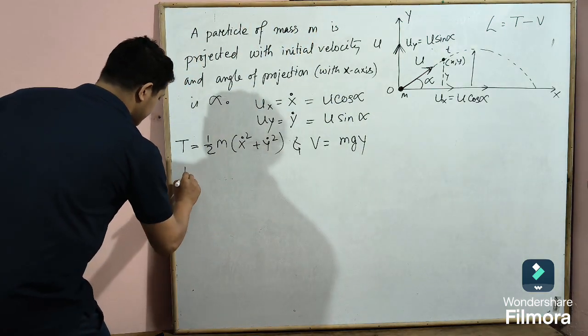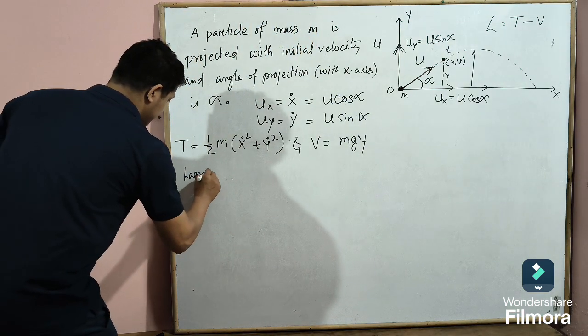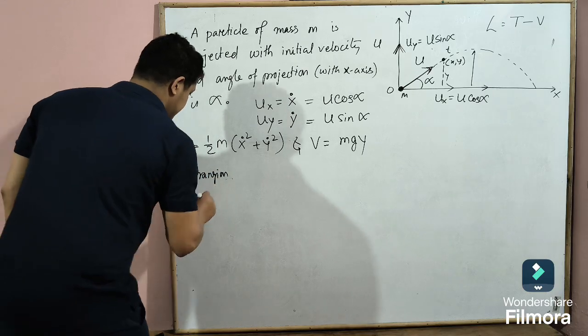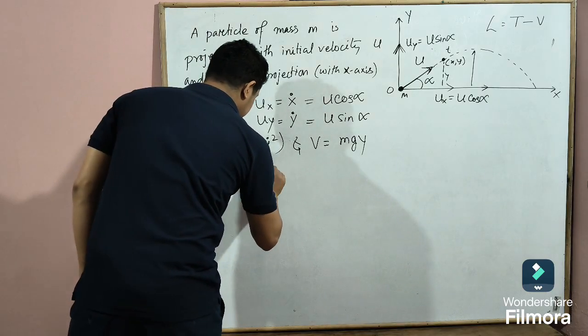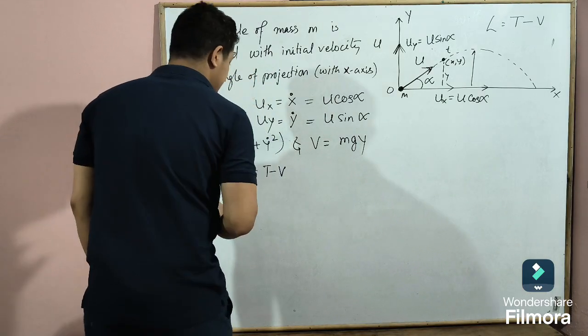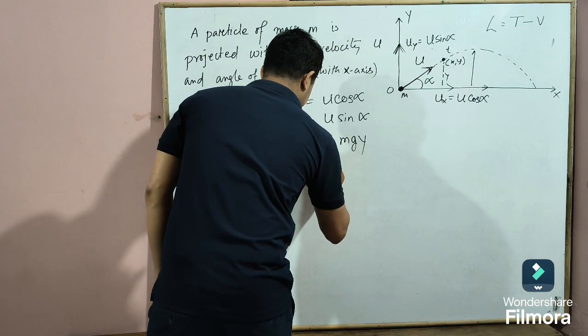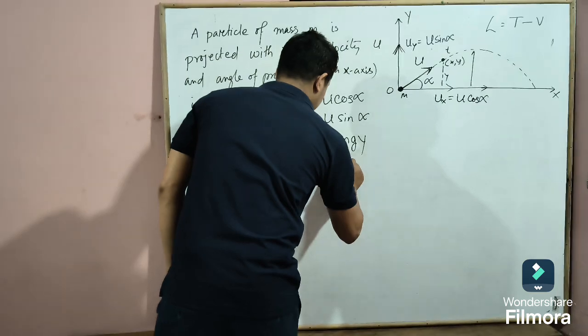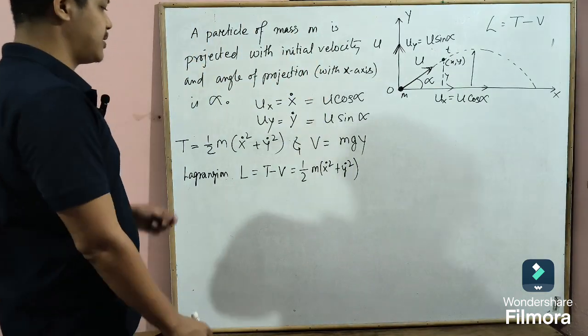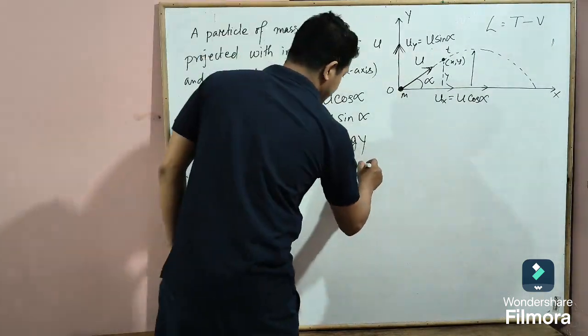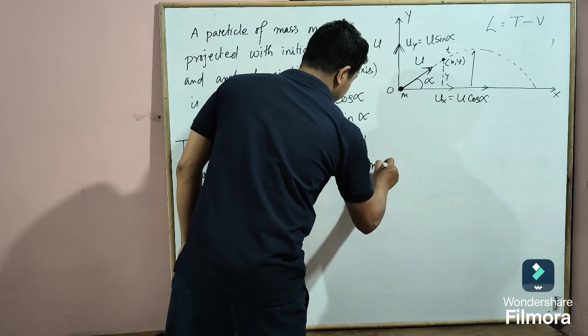Therefore the Lagrangian L is equal to T minus V, which equals half m times x dot square plus y dot square, minus mgy.